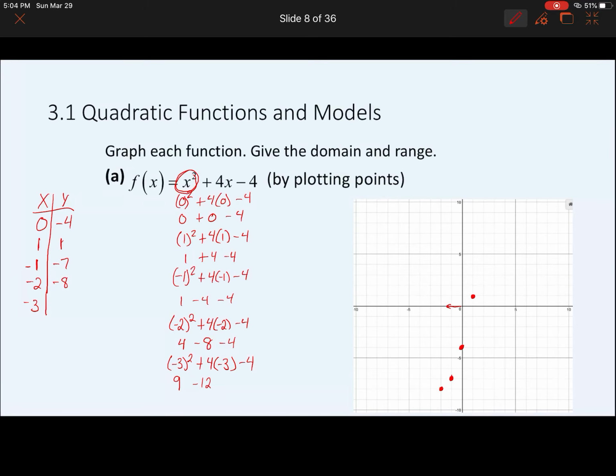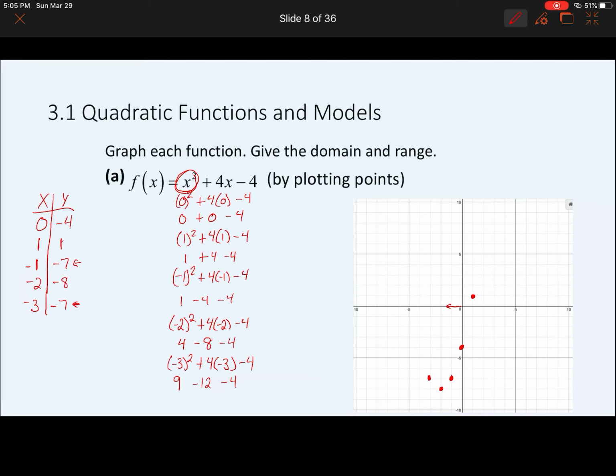So let's take negative 3 and substitute it in. And if you take negative 3 and put it in, negative 3 squared is going to be 9. 4 times negative 3 is negative 12 minus 4. 9 minus 12 is negative 3. Negative 3 minus 4 is negative 7.